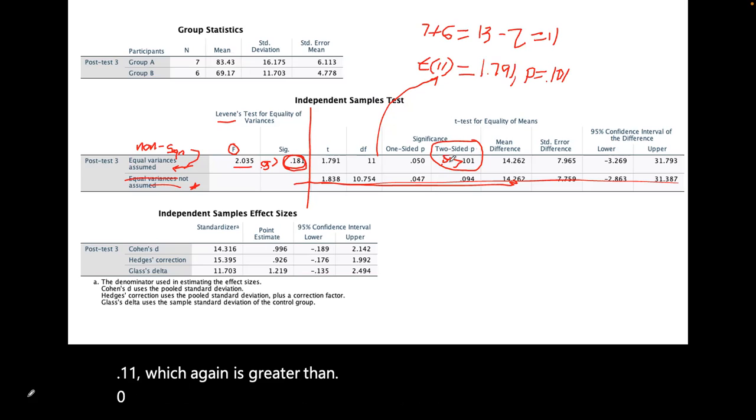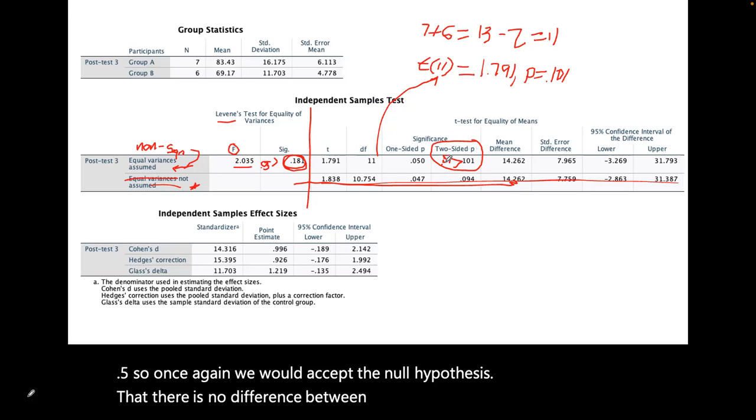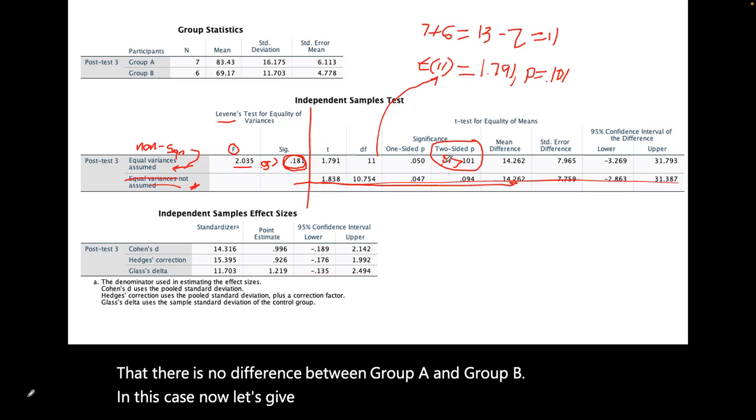So once again, we would accept the null hypothesis that there is no difference between group A and group B in this case.